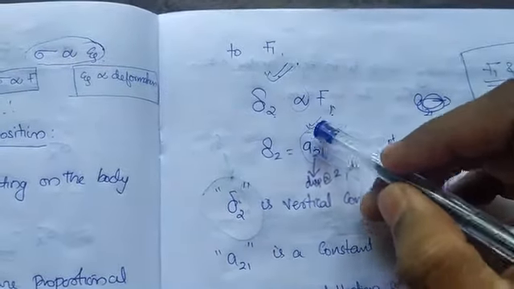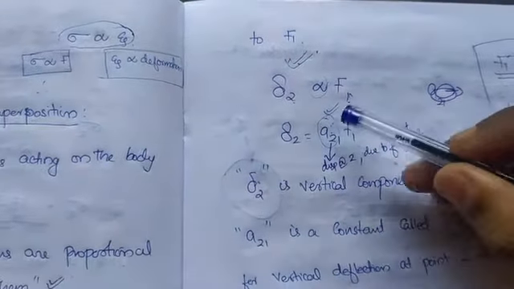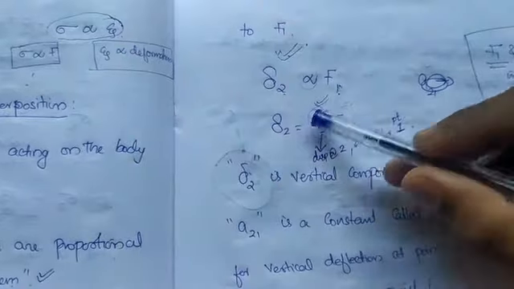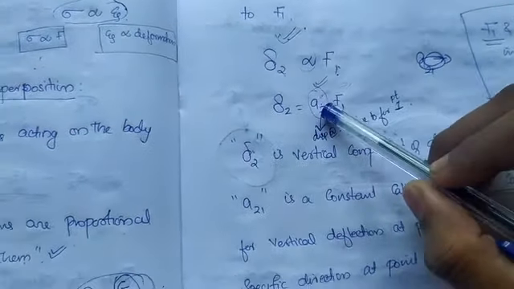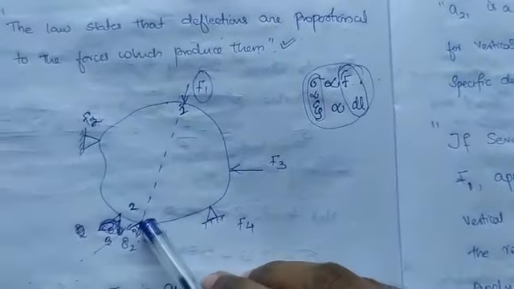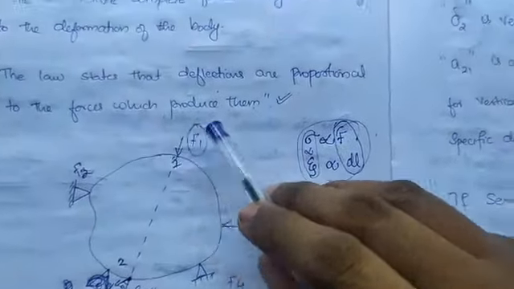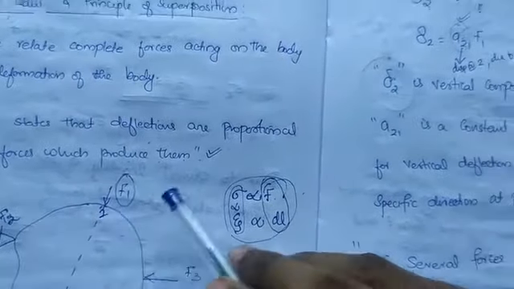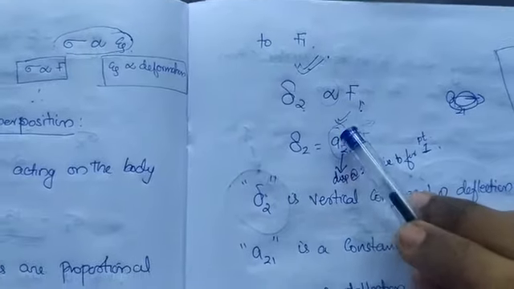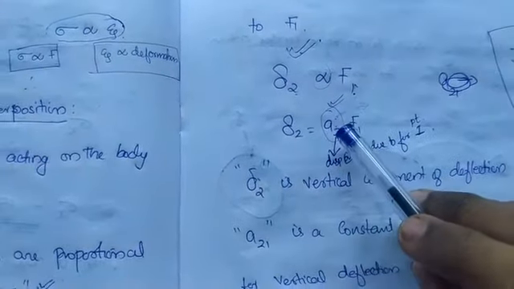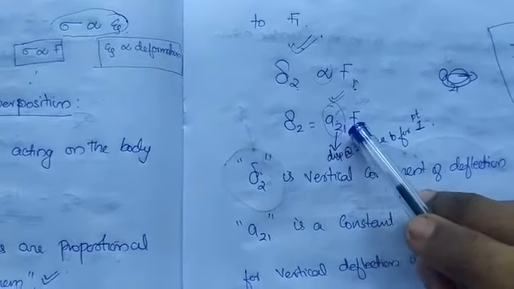If you need to know the constant, it is called A21, an influence coefficient for a vertical displacement at point 2. There is a vertical displacement at point 2 due to the force F1 at point 1, so 2 and 1 represent the points. The influence coefficient is for a deflection at point 2 due to a force at point 1.